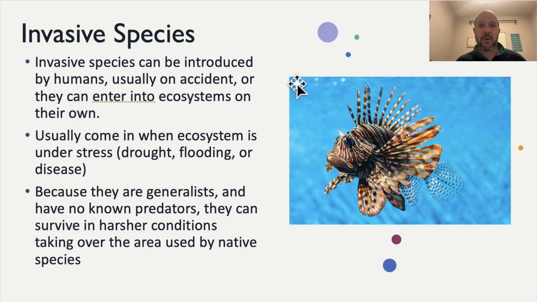For example, if I owned a parrot, and I accidentally let my parrot out the back door, and that parrot flew off, and I never saw the parrot again, that parrot is not going to outcompete native birds to survive. Parrots are tropical animals, and that parrot will likely die because it can't eat anything here, and it doesn't know how to survive in this ecosystem, and so it's not going to become invasive. So we call those exotic species. They are also animals that come into an ecosystem but don't cause any harm.